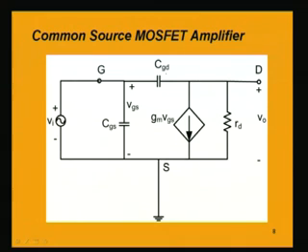So, here we will be taking help of the Miller theorem. If we remember Miller's theorem, what we used to do is that we were basically distributing this capacitance into input and output circuits.